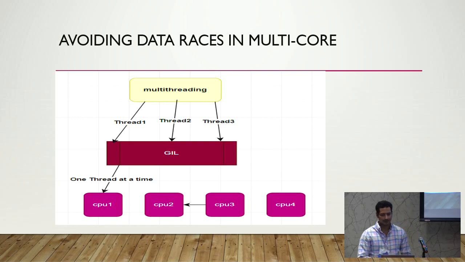Currently, the GIL prevents race conditions between threads that modify the same objects. It boils down to the same thing: same object, we are changing it, race conditions will apply, and data incoherency will happen. So we needed these immortal objects.